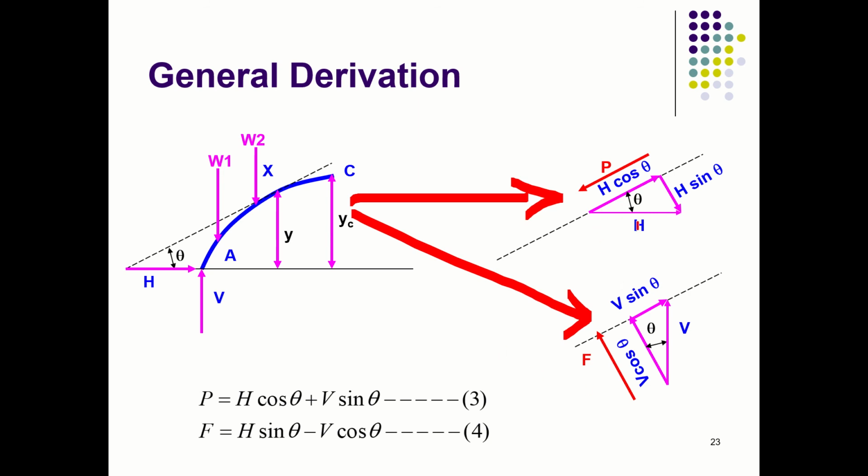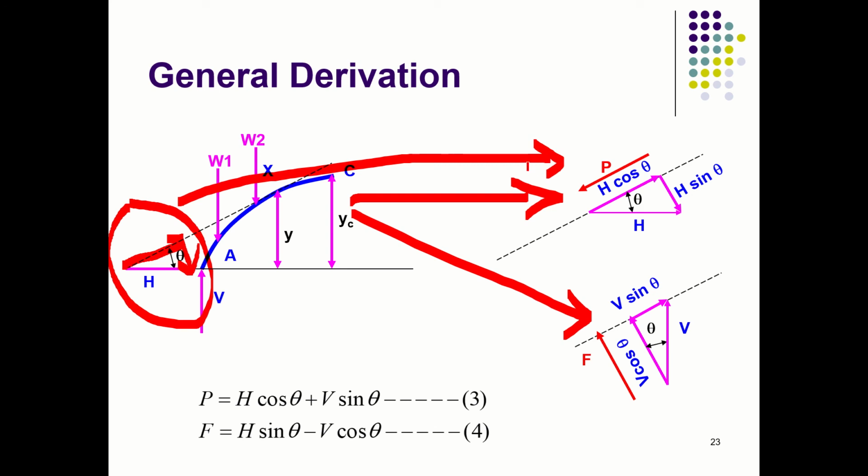This is your H, the horizontal thrust at the support. This is your H and it has two components. One will be along this and the other will be perpendicular. See, this figure is drawn here, right?